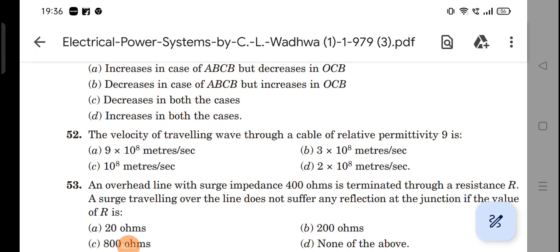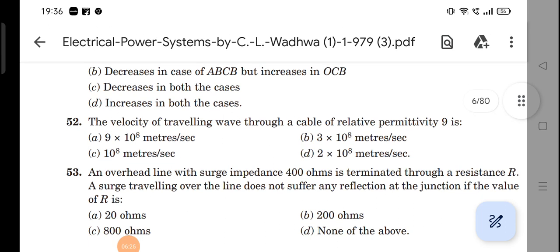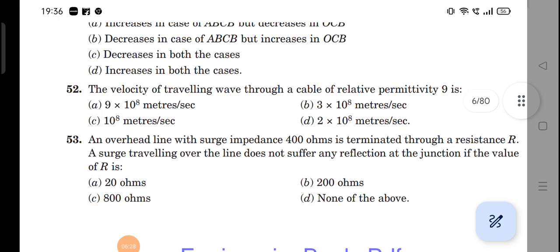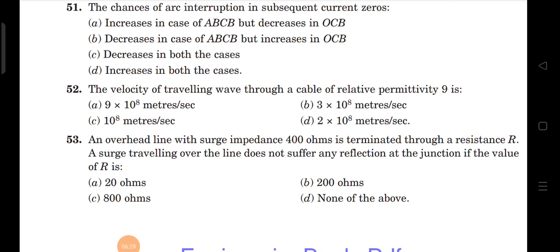Next, an overhead line with a surge impedance of 400 ohms is terminated through a resistance R. A surge traveling over the line does not suffer any reflection at the junction if the value of resistor is.